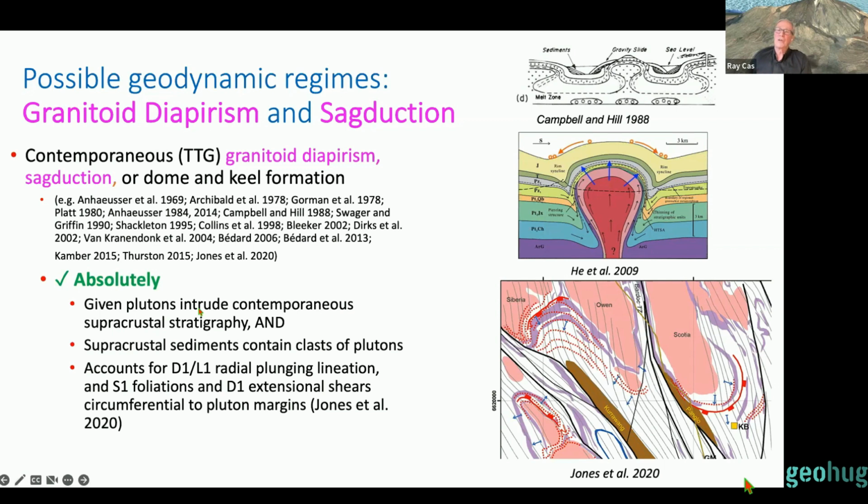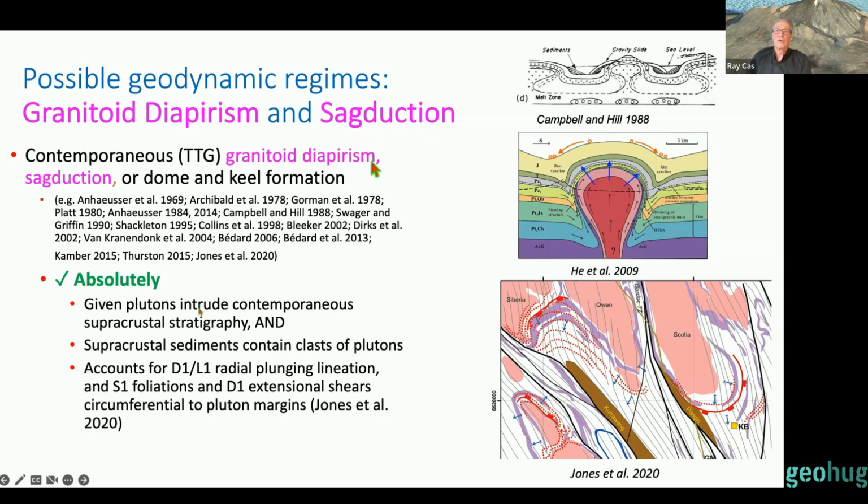So in other words, a lot of these granitoids are virtually contemporaneous in age with the supracrustal sequences that they are intruding, which is really important in terms of, for example, the model that we proposed for the uplift, the unroofing of these TTG plutons, then beginning to shed granitoid clasts into the surrounding basins.